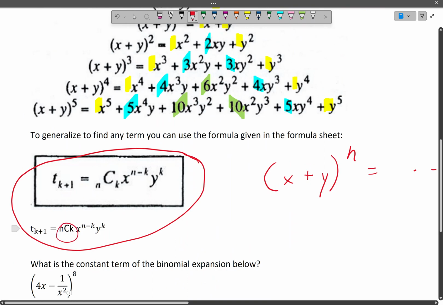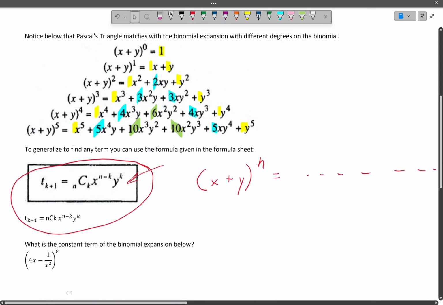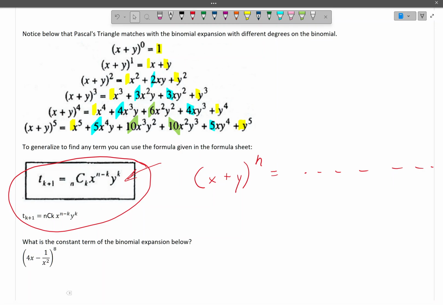The computer doesn't like me typing this into an equation, so it was a little bit upset there, but you can kind of see the right idea anyway. This is a picture of it, so you get the idea. Anyways, this formula is in your formula sheet, and so we can solve for any term using this formula. And so yes, we could expand out a simple expression pretty easily.